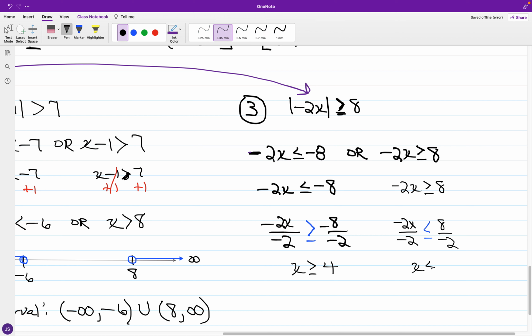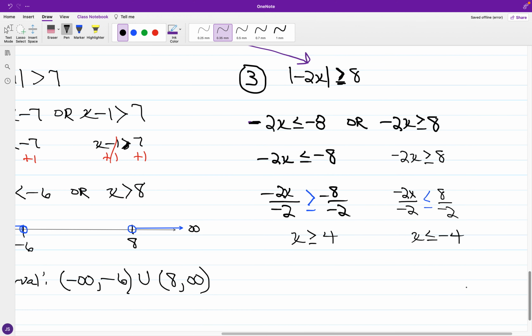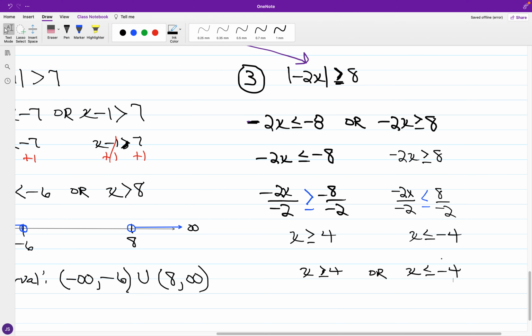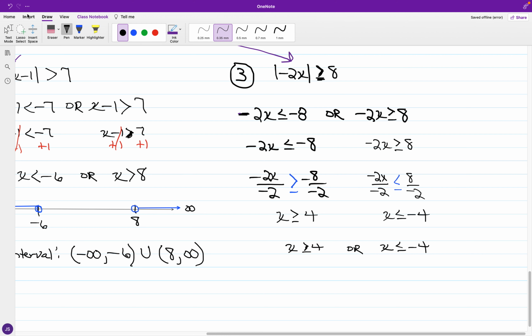And this time we have x is less than or equal to negative 4. Okay, so we've got two extremes here. We've got x is greater than or equal to 4, or x is less than or equal to negative 4. So we've got this or statement.